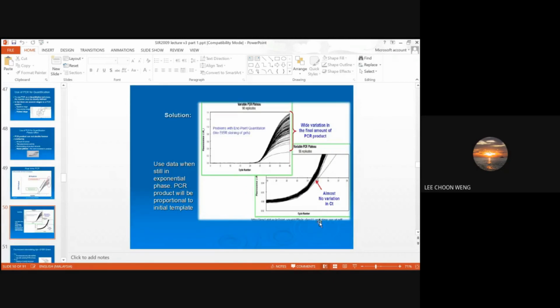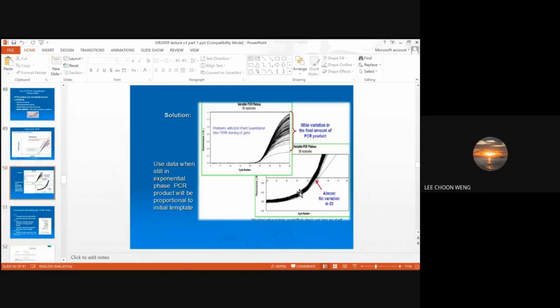So it seems that whenever the PCR product crosses the cycle threshold, the cycle number where it crosses the threshold is proportional to the initial template. So this is what they found out. At which cycle it crosses the threshold correlates to its initial template.